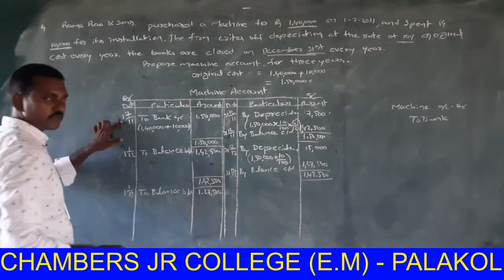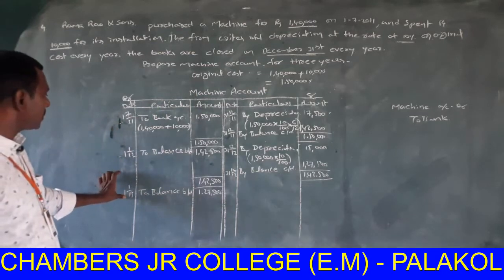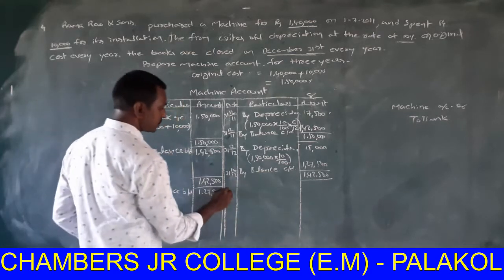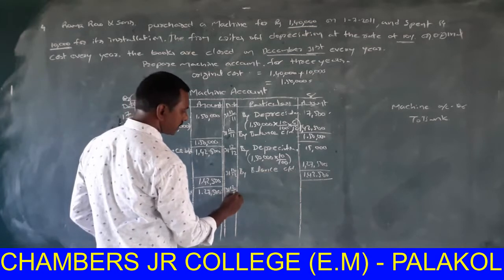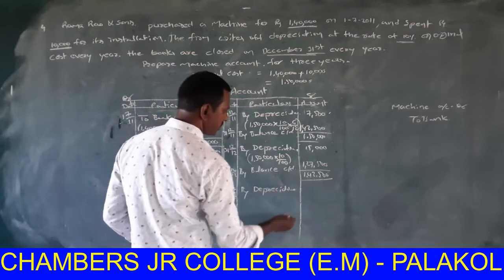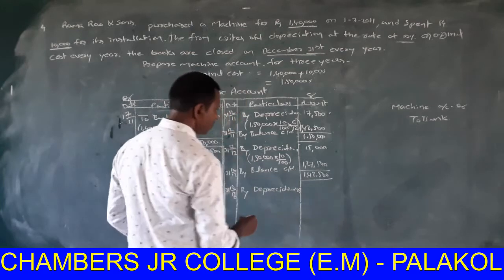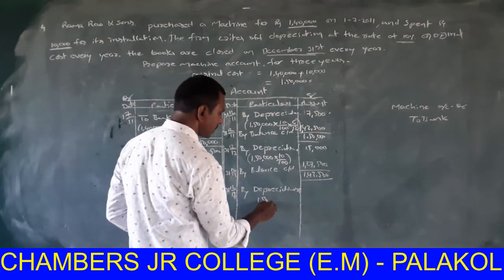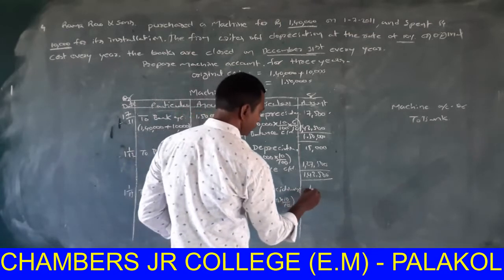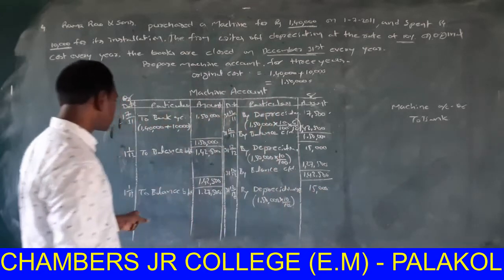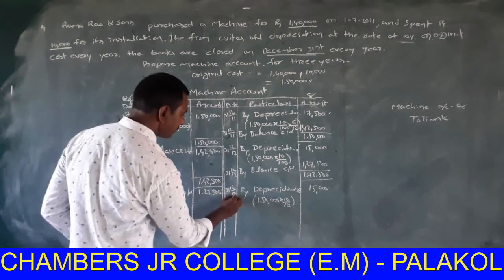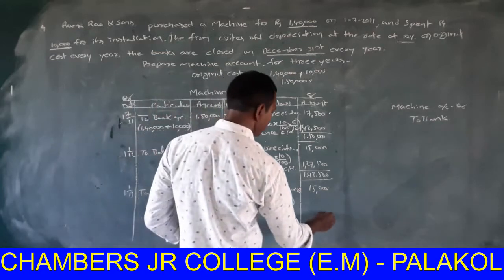Here also calculate depreciation for 1 year, 1/1/2013 to 31/12/2013, by depreciation account: 1,50,000 into 10 by 100, which is 15,000.